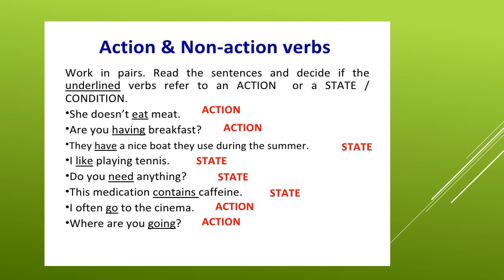Like the first example, she doesn't eat meat. So eat is showing the action, whereas the next, second one, are you having breakfast? The having also denotes action. Whereas the third sentence, they have a nice boat they use during the summer. So have is reflecting the belonging. So it's a state verb.